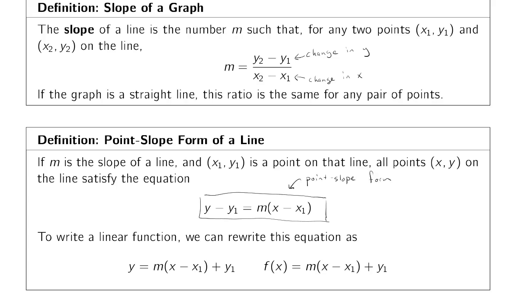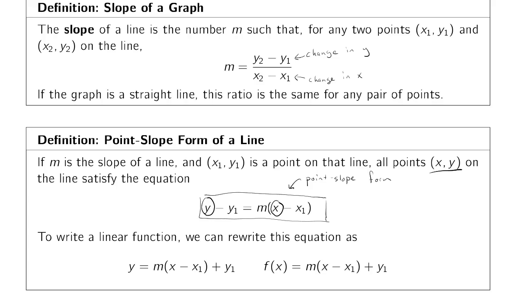And since we have the same slope for any pair of points, we can just say, okay, then any point xy that's on the line has to satisfy this equation. Remember, x1 and y1 are given values. If we want to think of this as a linear function, we need to have this equation written with y by itself.